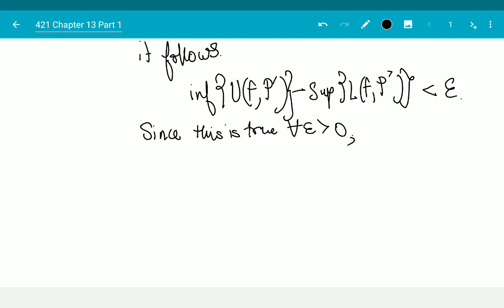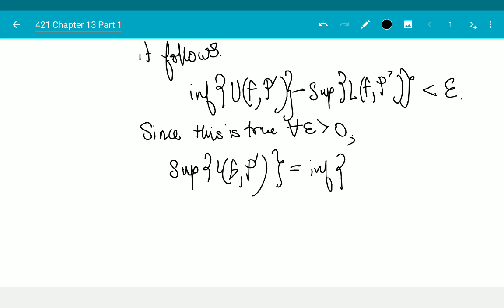Therefore, this infimum minus supremum has to be equal to 0, and therefore the supremum of L of f comma P' is equal to the infimum of U of f comma P', right? And therefore f is integrable.